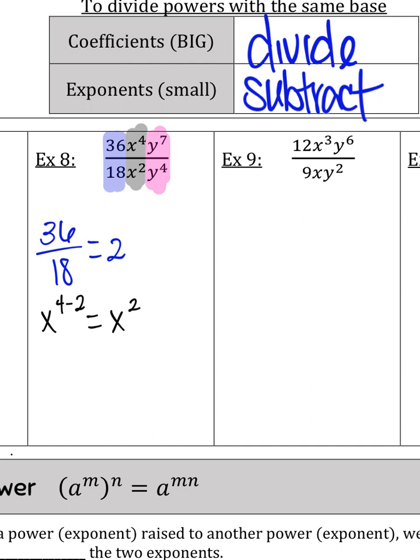And then we're going to take our y value, and we have y to the seventh, and then we have y to the fourth. So we're going to say y to the 7 minus 4, and we are going to get y to the third. So our final answer is going to be 2 times x to the second times y to the third.